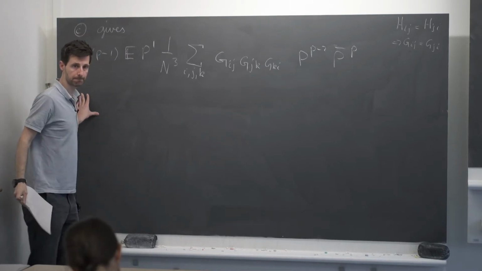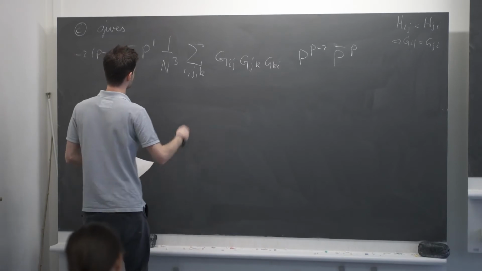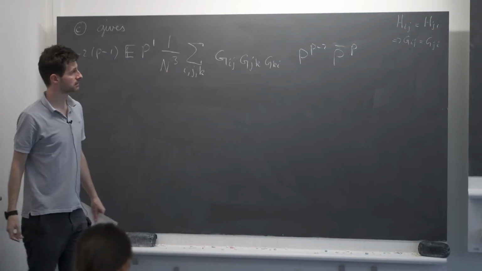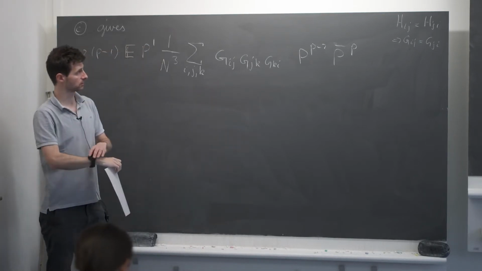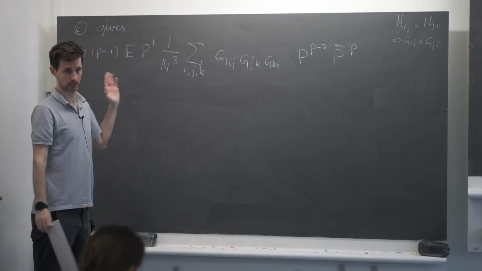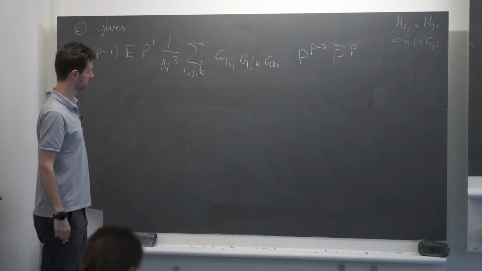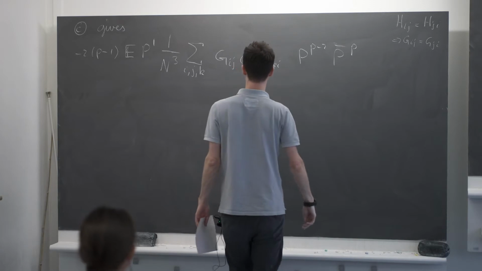Okay. So now comes the second thing we have to use in order to estimate these terms, which is how to figure out these kinds of sums. So in the previous term, when we dealt with B, we had a sum over two summation indices. We could just take absolute value and use the Ward identity. In this case, it doesn't quite work. You have three terms and you have to be a bit more careful.